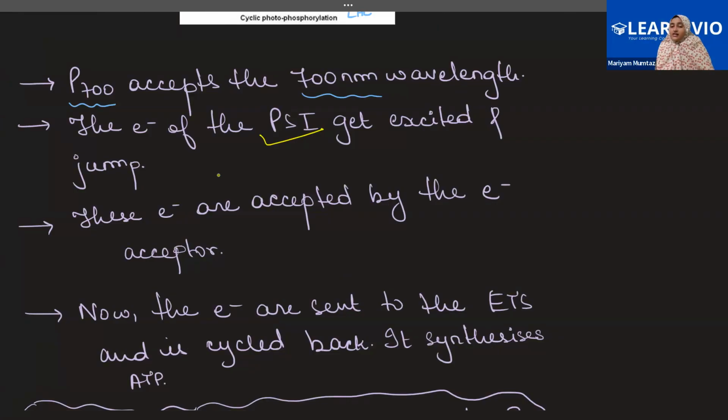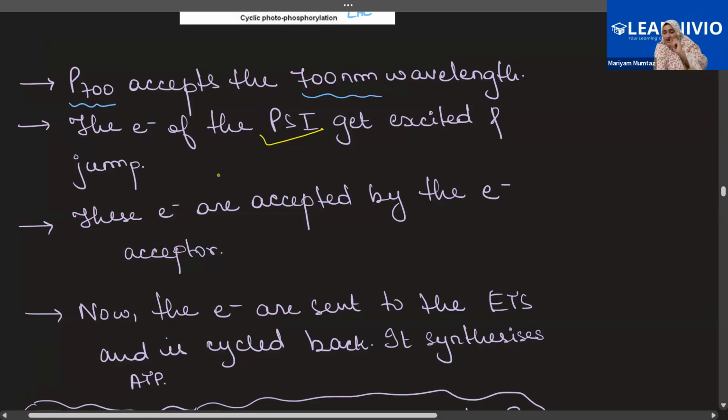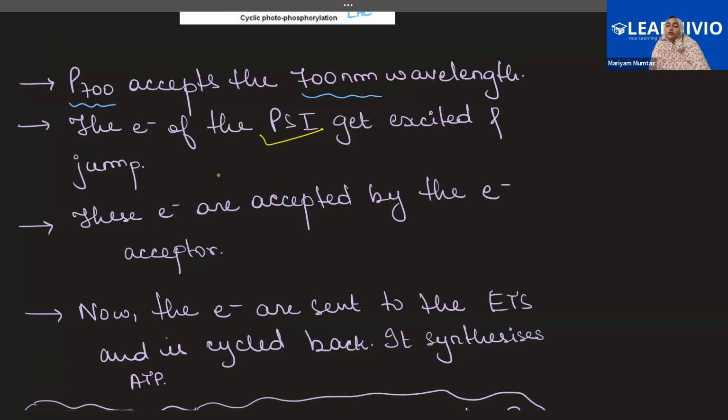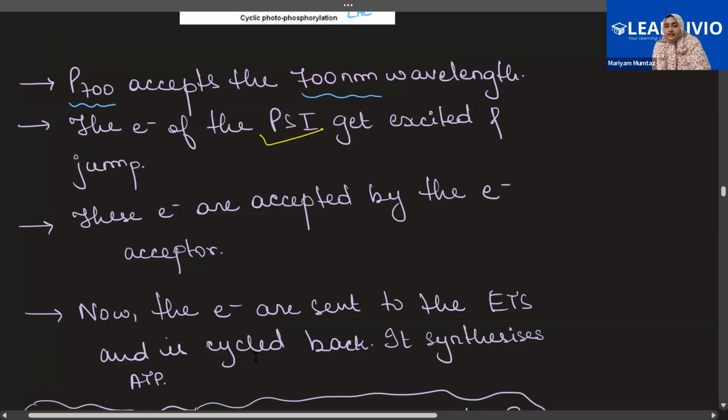These electrons are ultimately accepted by the electron acceptor, and then sent to the ETS, which sends them back to the light harvesting complex. So it starts from one point and ends at that same point. That is cyclic photophosphorylation. Is it clear, students? Yes, ma'am.